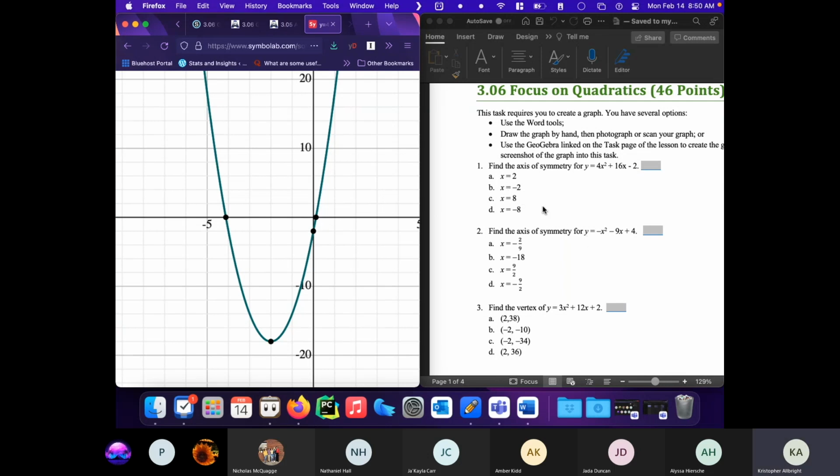Wait, I have a question. So the line is horizontal, like if the mirror is horizontal, when you lay the mirror down and it reflects across it, that is what you're talking about? Yes. That is a vertical line. Like this is vertical, so across it. So this is x equals. This is horizontal. Yes, you got it.